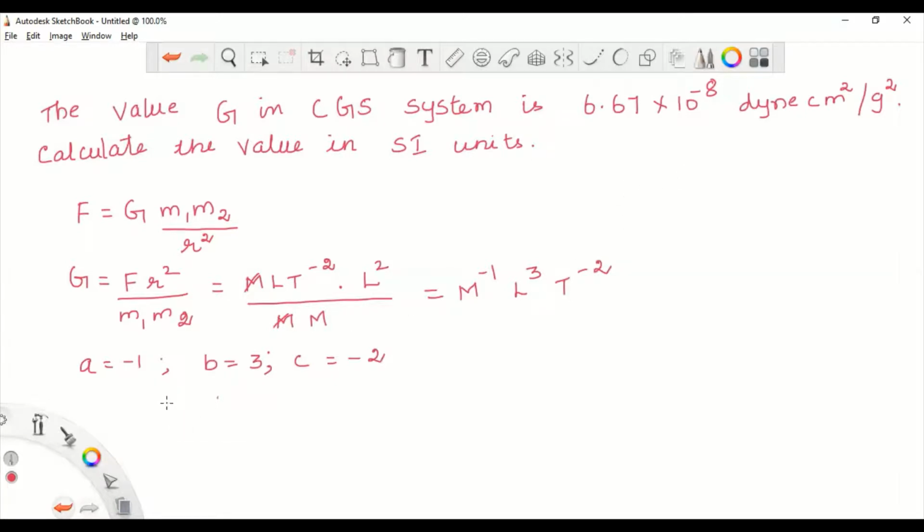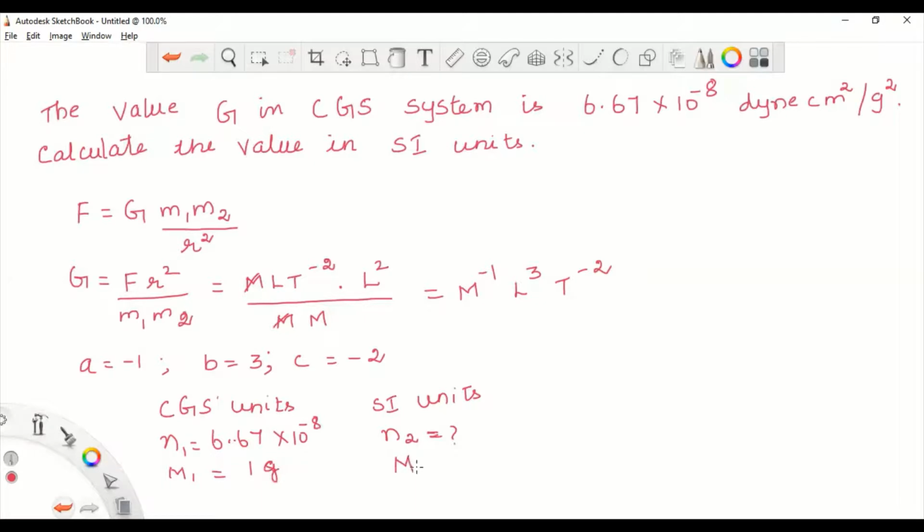So let us write here CGS units and SI units. What is the value of N1 given here, children? 6.67 into 10 power minus 8 is given. We don't know the value in SI system, which we are going to find now. Then M1 is equal to 1 gram.